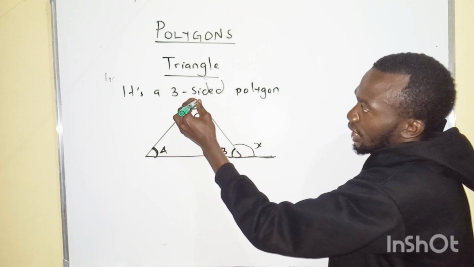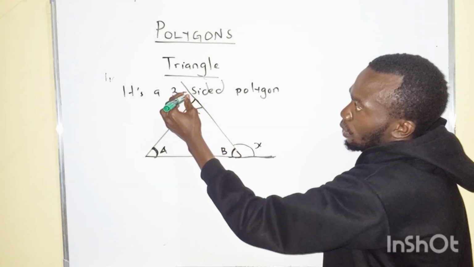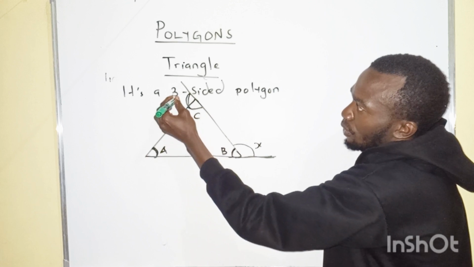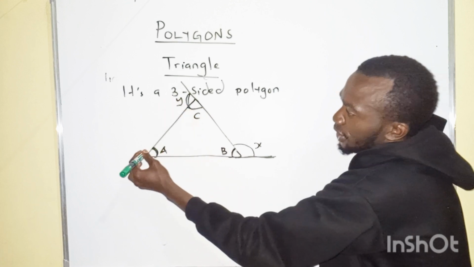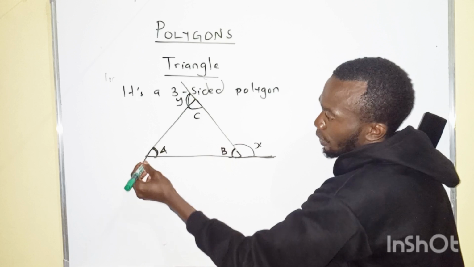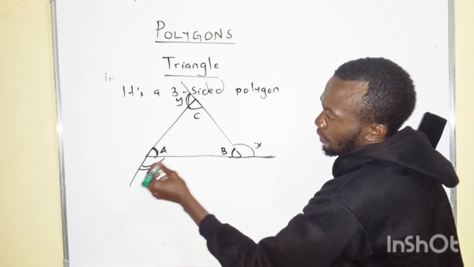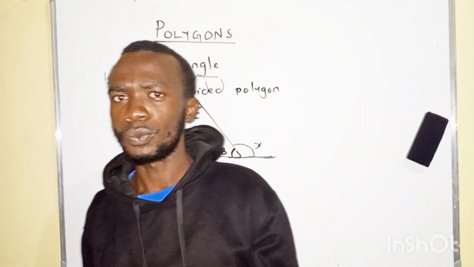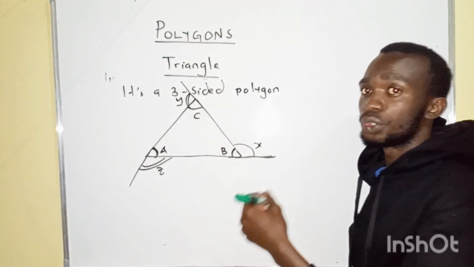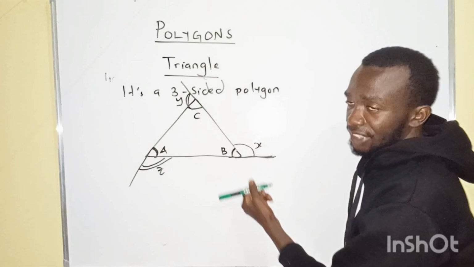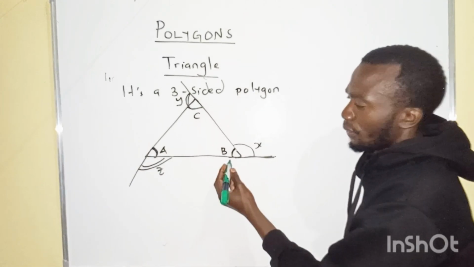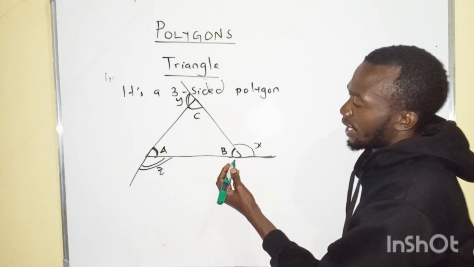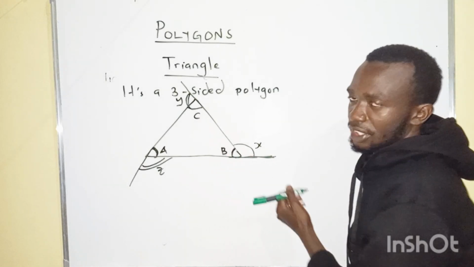And again we extend this line, then this angle we call Y, the angle adjacent to C. And again we extend this line, and we call this angle Z. Now, the angles X, Y, Z are not within the triangle; they are outside the triangle. We can see that angles B and X lie on a straight line.